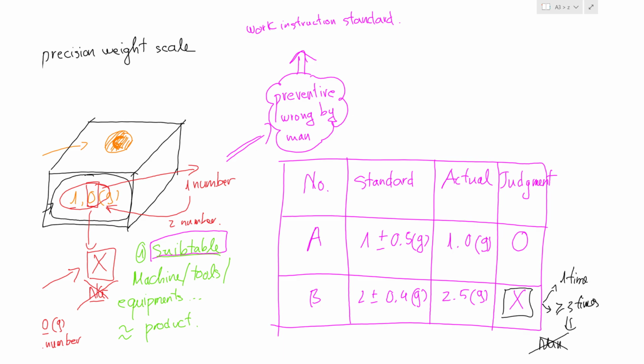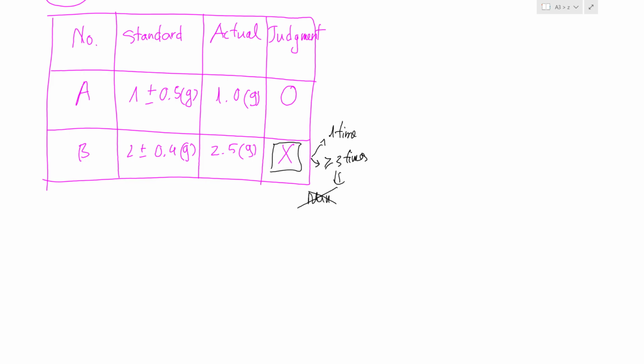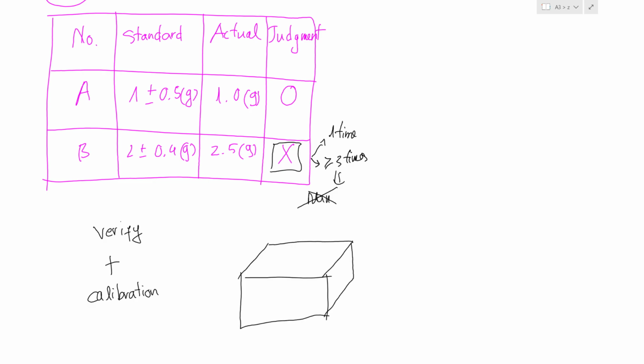So how do we check that the machine is still working correctly? We need to conduct verification and calibration. For example, here is your weight scale and here is the monitor. So the verify activity means you take the standard calibration weight for checking the weight equipment.